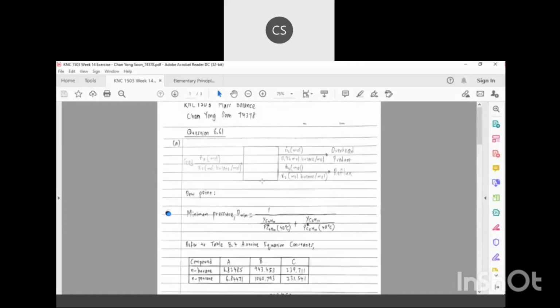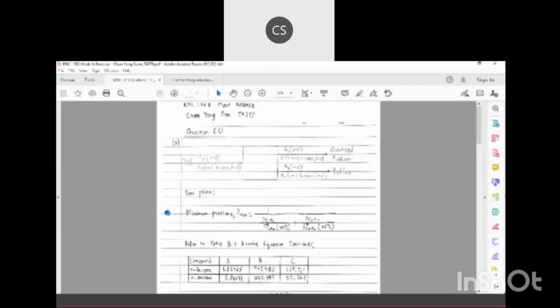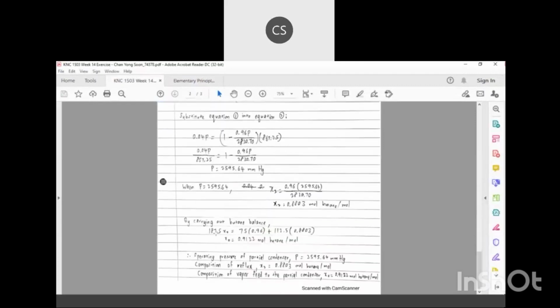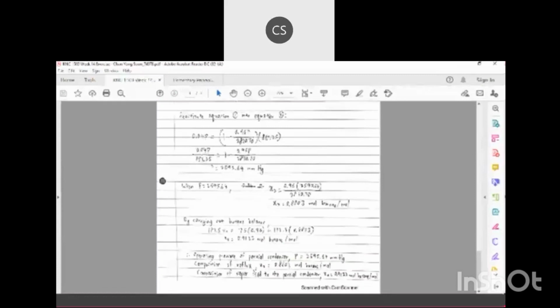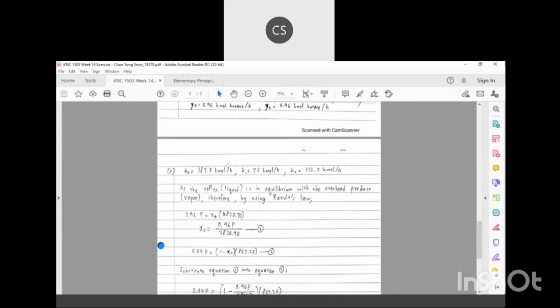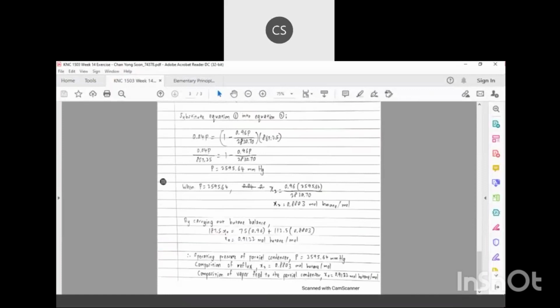As mentioned here, in the block flow diagram one, the feed refers to the value 187.5 kilomole per hour, which has been mentioned here, and then times the S01, which is the mole fraction of the vapor feed to the condenser, and then equals the output, which you simply multiply 775 by 0.96 plus 112.5 times 0.8803, and you will get the value for the mole fraction of the vapor feed to the condenser one.